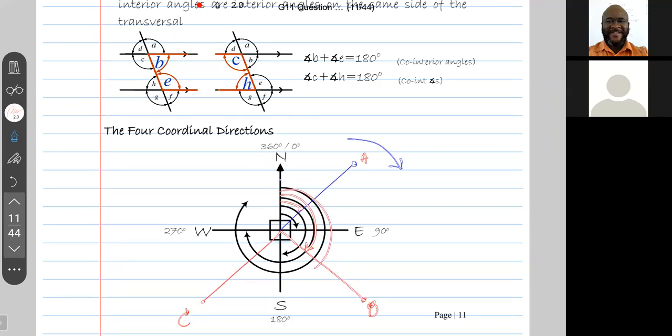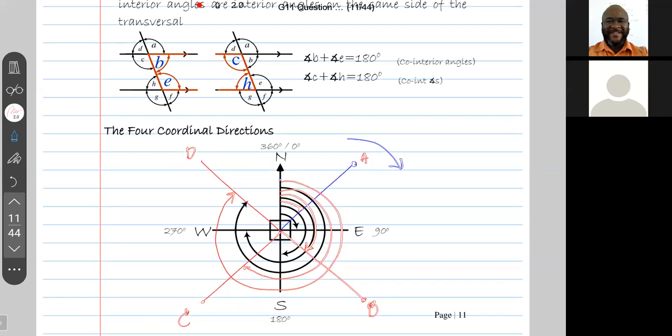You come around, pass east, pass south. That bearing would be between 180 and 270. If the point is in this direction, let us say B, the bearing of B would be more than 270 but less than 360 degrees. Bearing is giving direction using angles, and the angles are measured clockwise from north.